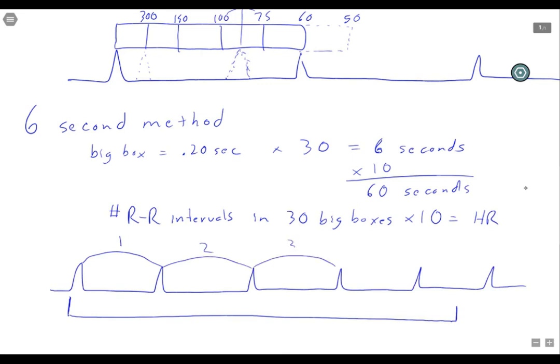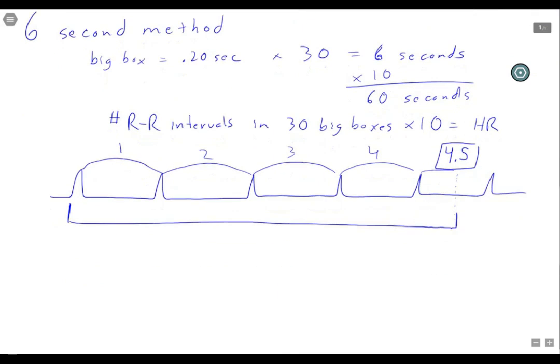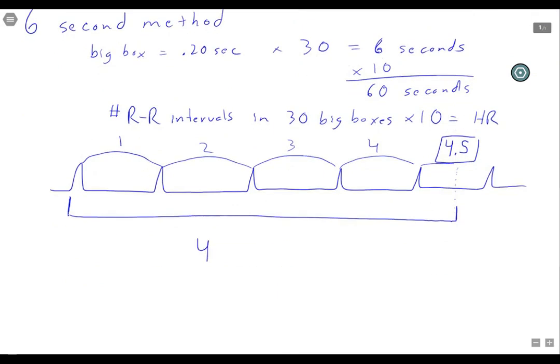There's 3, 4. And our big boxes stop right here. That's half an R to R interval. So we have 4.5 R to R intervals. So we take 4.5 and 4.5 times 10 means our heart rate is 45 beats per minute.